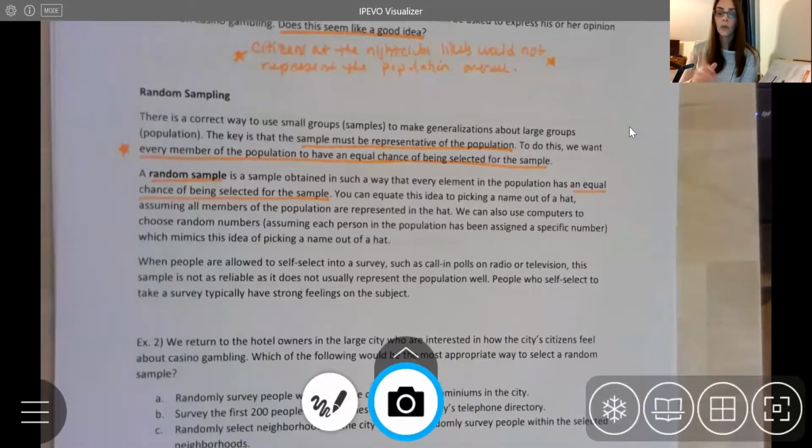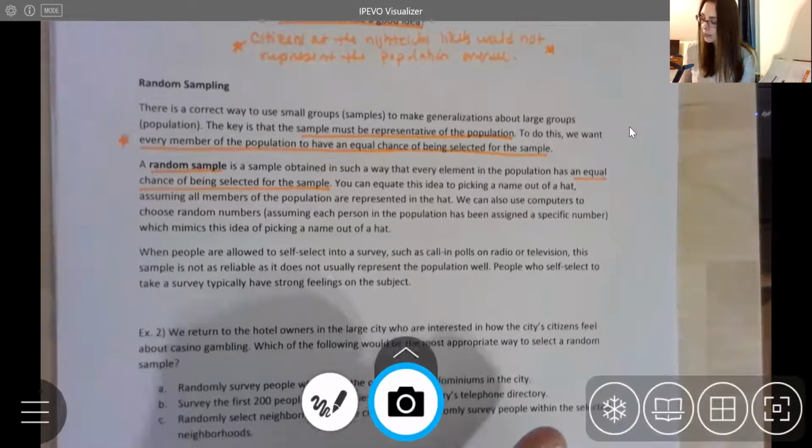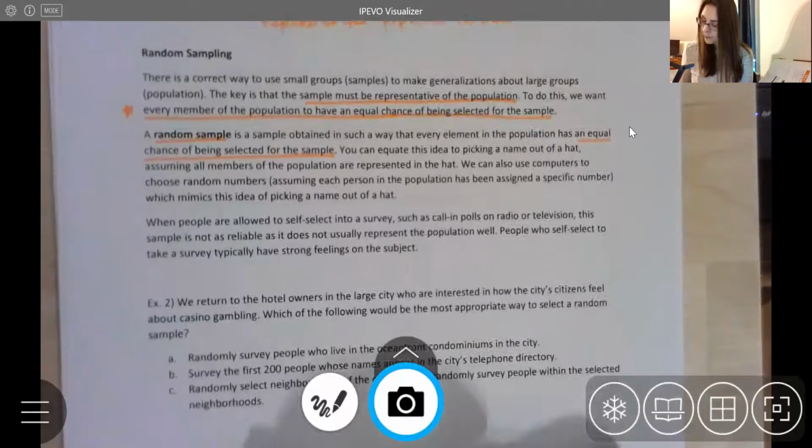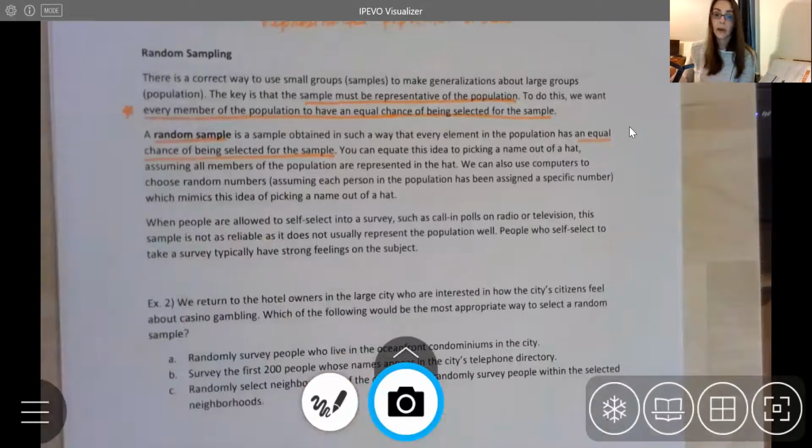Then the computer will randomly select numbers, and those people will be chosen. So again, everybody has a designated number. All those numbers have the option to be chosen, so we all have an equal chance of being chosen, but the computer will randomly select certain numbers for that survey. That's usually what happens more likely than not. It does mimic this idea of picking a name out of a hat, so it works the same way.